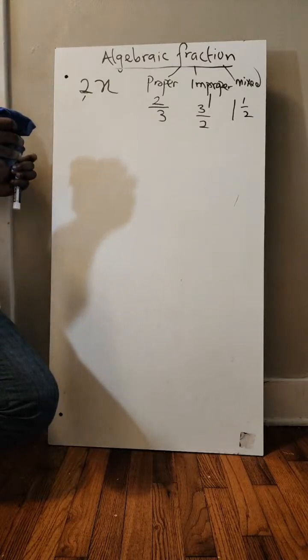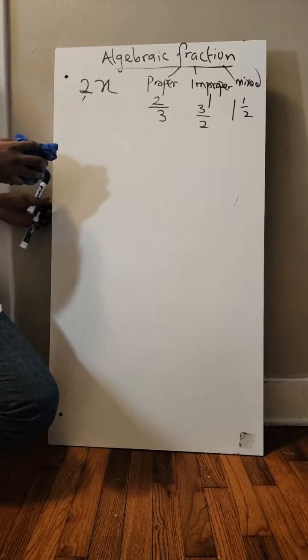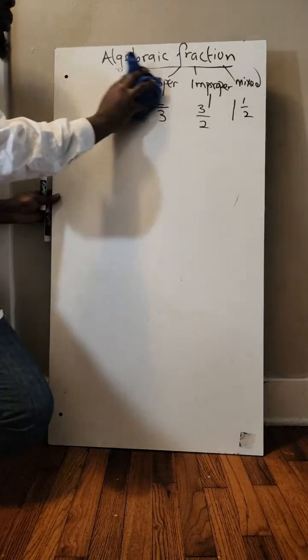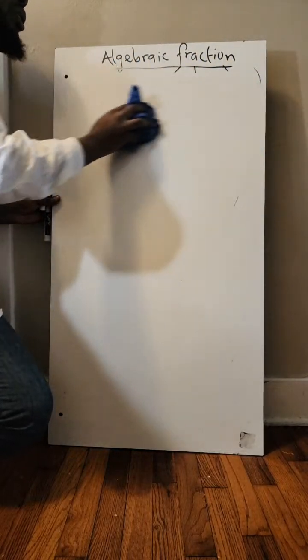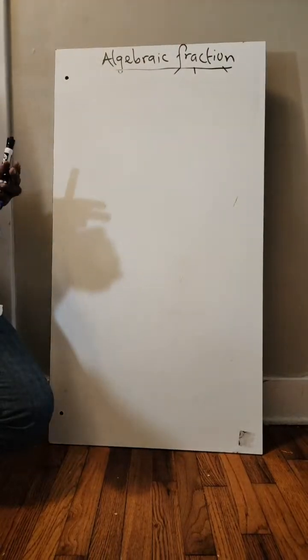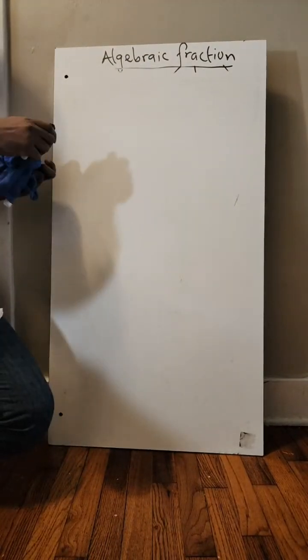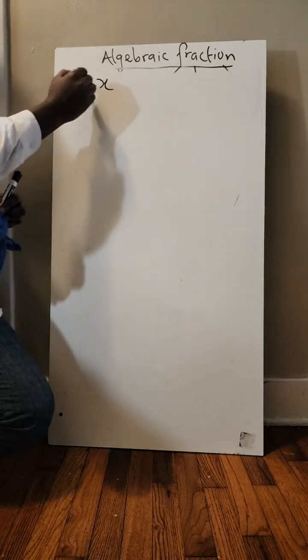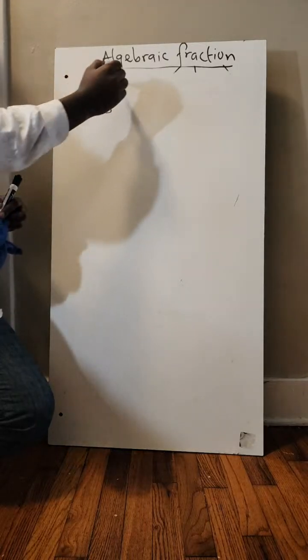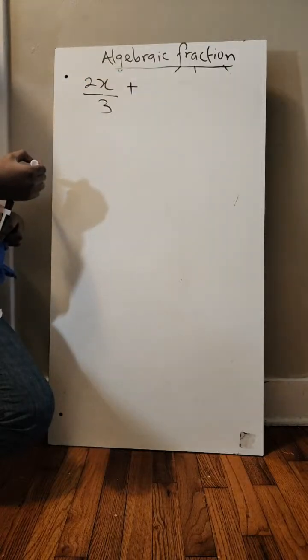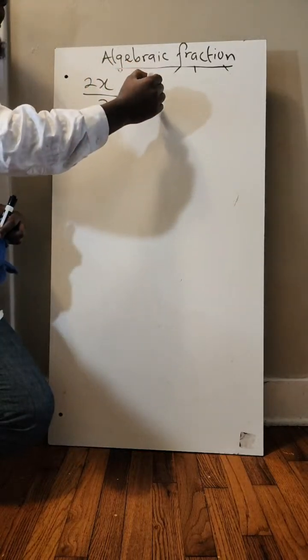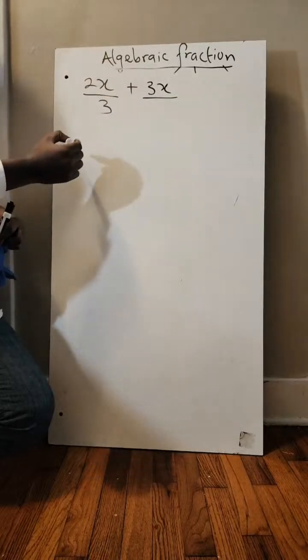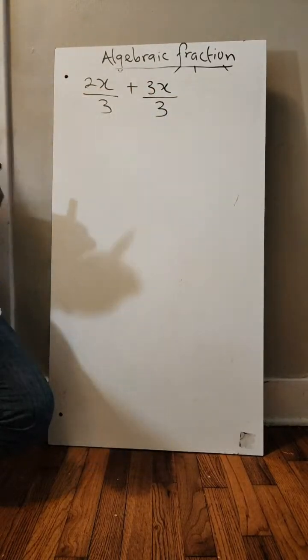Now, we want to use the basic knowledge of what we did in the last class to extend it to the algebraic fraction. For the algebraic fraction, for example, you're having 2x over 3 plus 3x over 3.